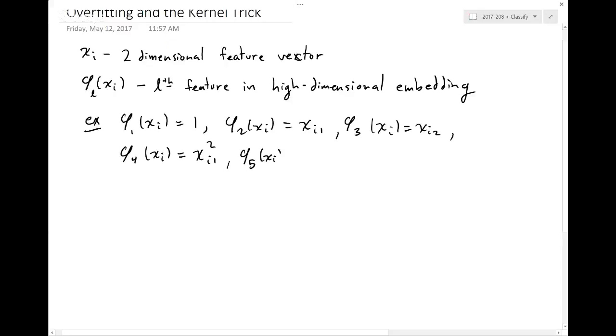Phi5 of xi is equal to xi1 times xi2. And phi6 of xi is equal to xi2 squared. So this is just another way of writing this expansion into more features. We call it a high-dimensional embedding.